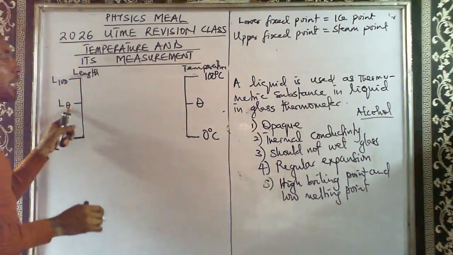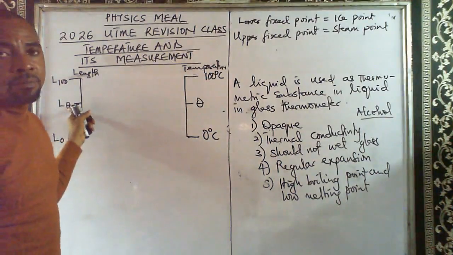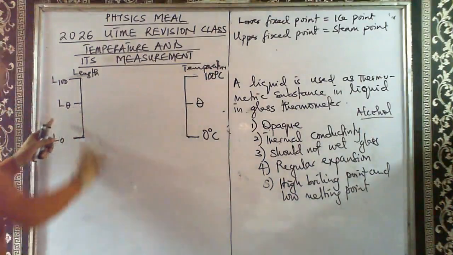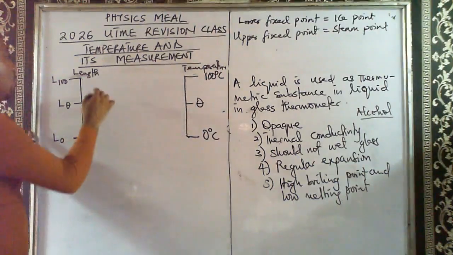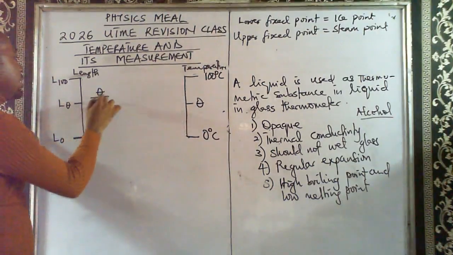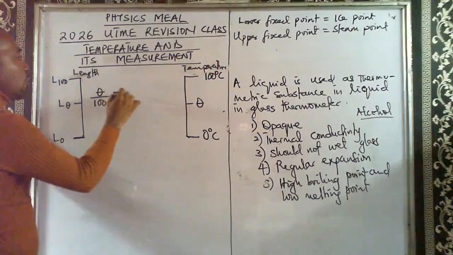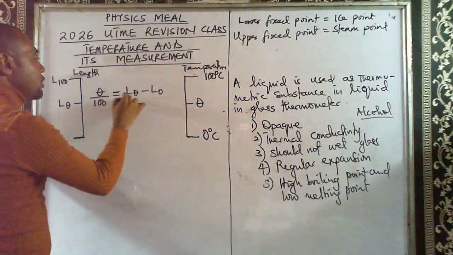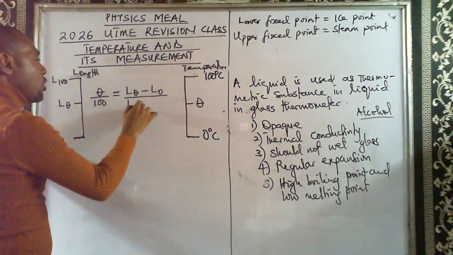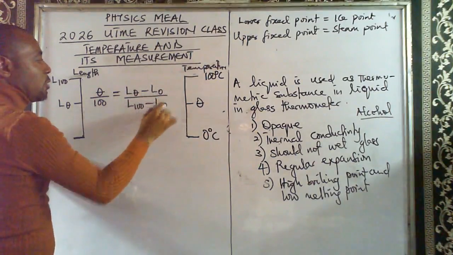So let me call that length L theta. Now, if I compare these, I can establish an expression where I will now have that theta over 100 is equal to L theta minus L0 all over L100 minus L0.